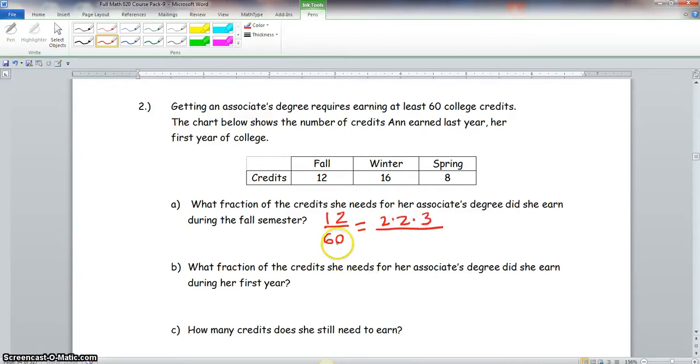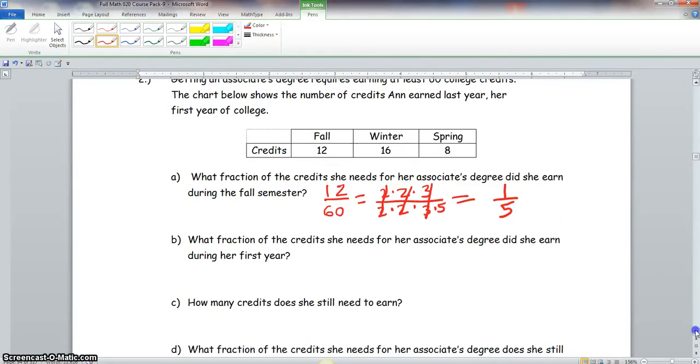And then we even did the prime factorization of 60, which was 2 times 2 times 3 times 5. Now, we can simplify this out. We have 2 sets of 2's and 1 set of 3. Now, in our denominator, we know it's 5. Our numerator, when everything simplifies out, that leaves 1, because all of this is simplifying out to 1. So your final answer here is 1/5.